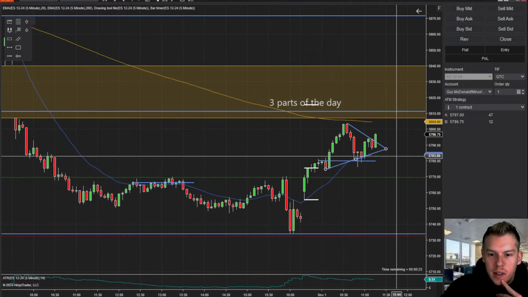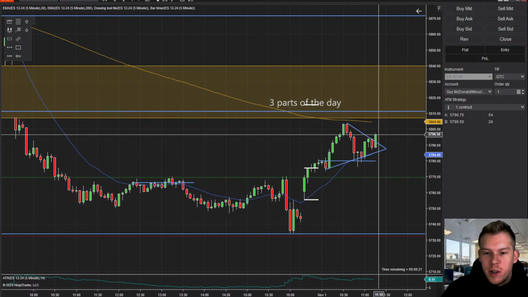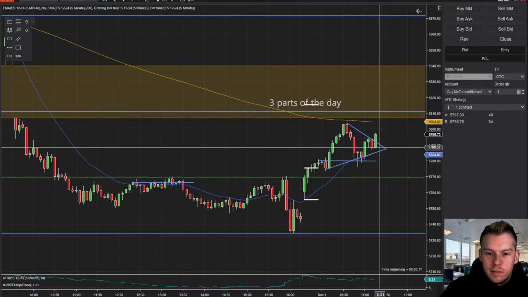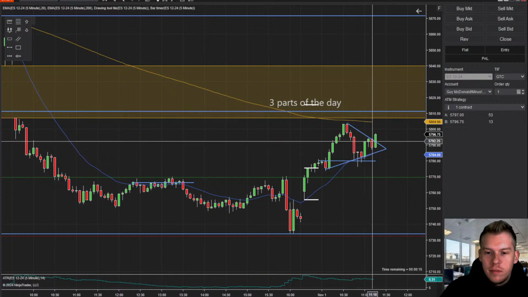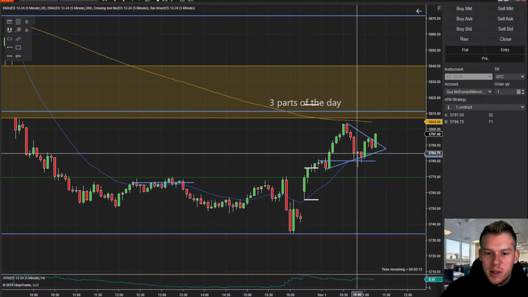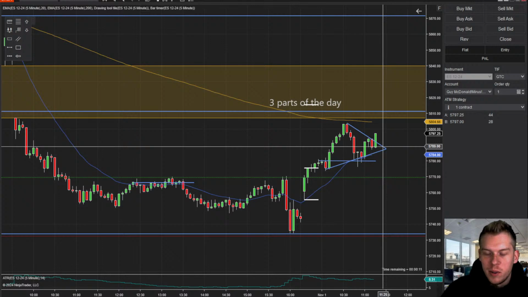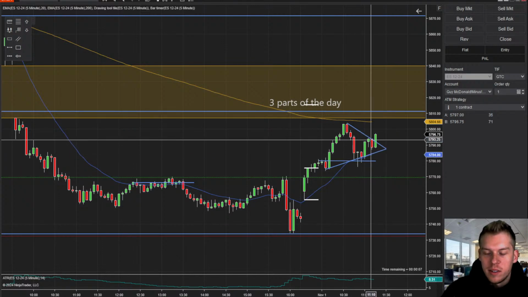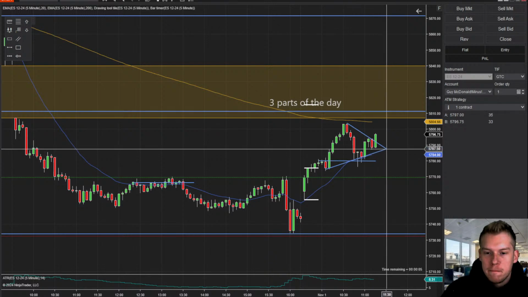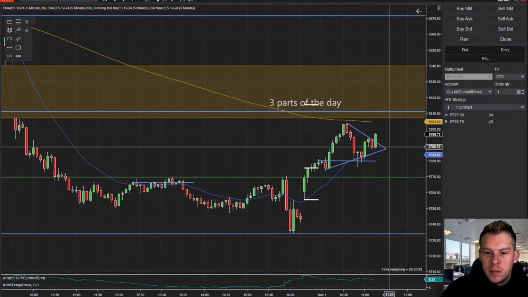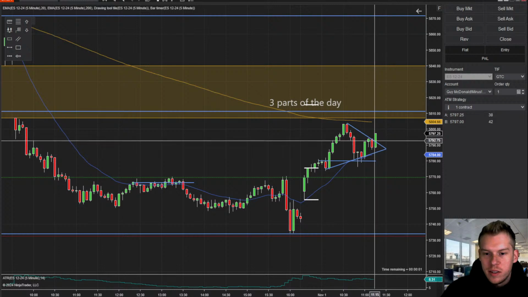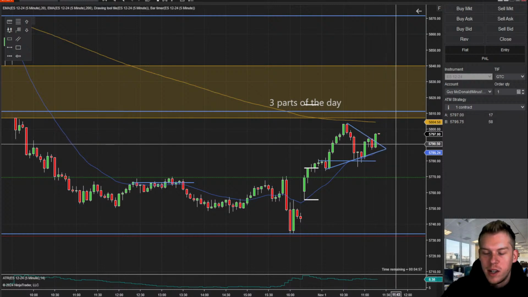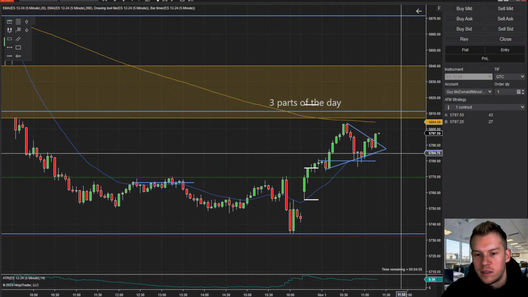So we're getting the breakout of this triangle here. Like I said, it's not really the best form of triangle, because we only really had one test up here. But I'm still expecting this breakout up here to fail and to come back first before heading in either direction.